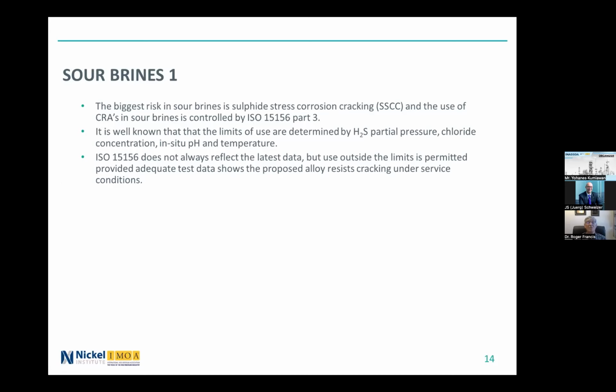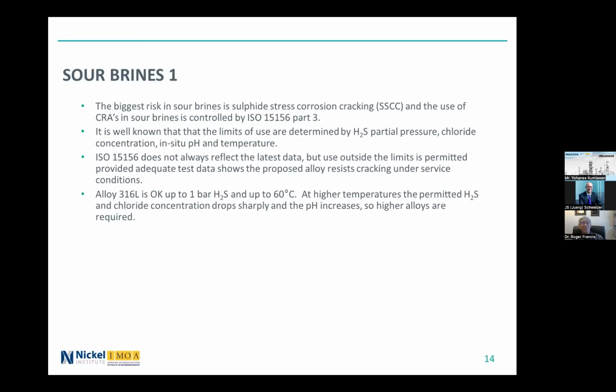But ISO 15156 does not always reflect the latest data. But even if there is good data outside the limit in ISO 15156, it doesn't mean you cannot use it. Use outside the limits is permitted, provided adequate test data shows the proposed alloy resists cracking under service conditions. And the final decision is with the end user.